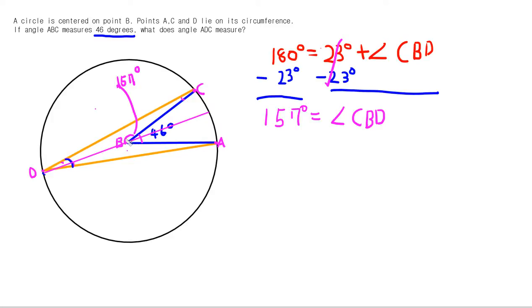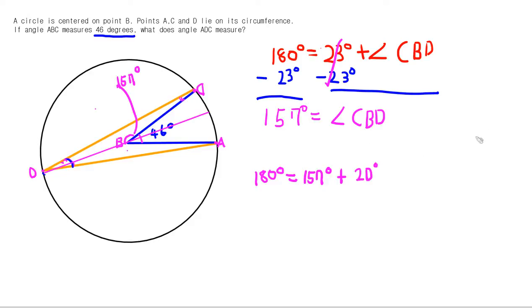So the sum of the total angles, which is 180 degrees, should be equal to this angle here, CBD, which is 157 degrees, plus this angle plus this angle. But these angles are the same, so we can just write D instead of C. So D plus D is 2D degrees.